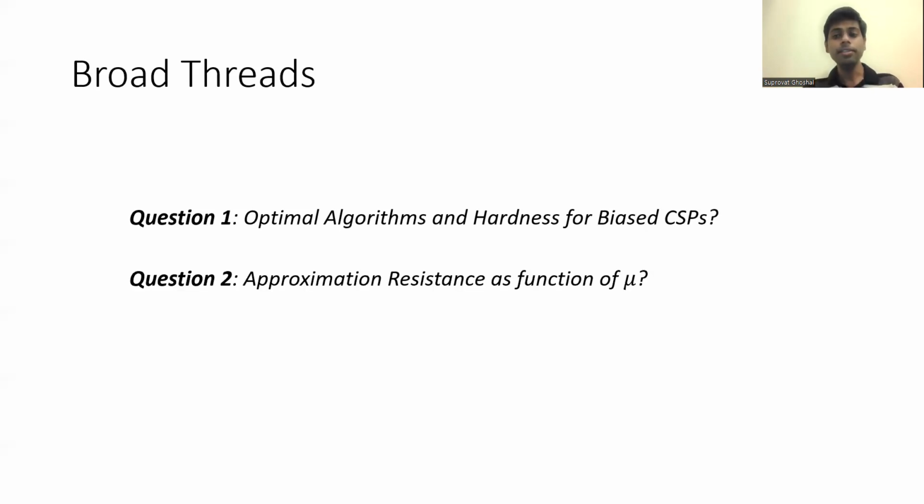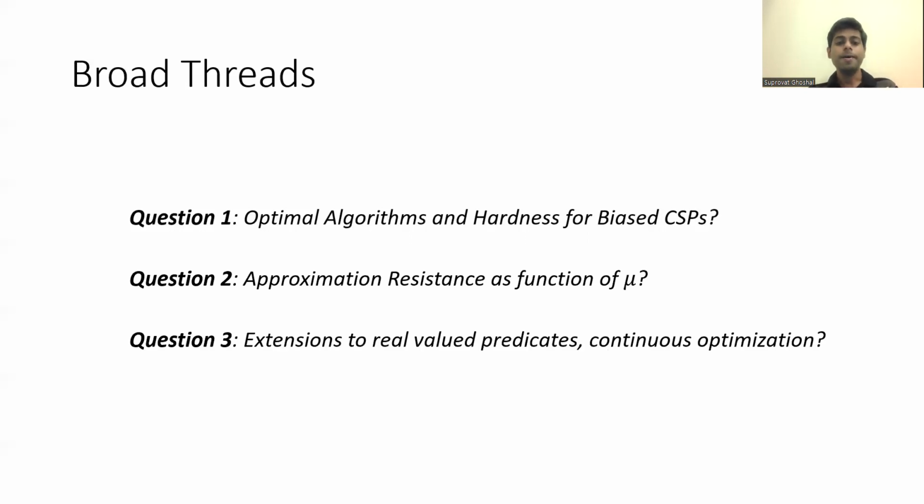Along with that, another interesting question here would be to understand biased approximation resistance in the following sense: when is mu-biased guessing an optimal algorithm for a biased CSP? This would be a natural generalization of all the things that we know about the optimality of uniformly random guessing in the world of CSPs.